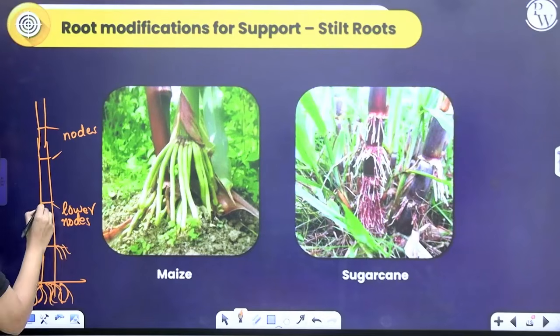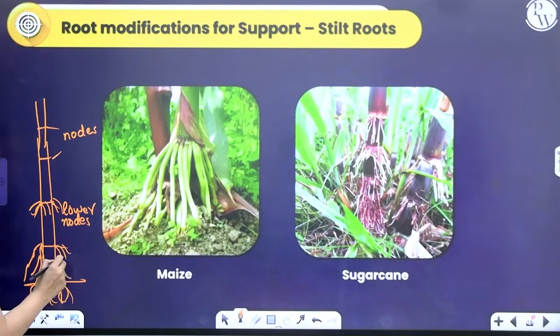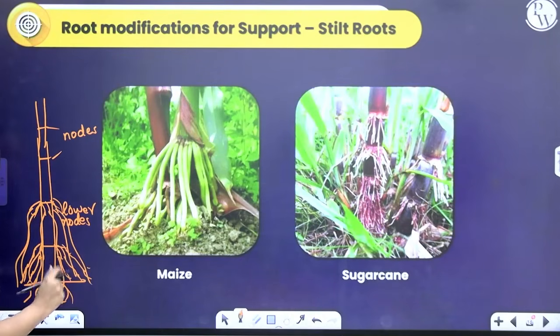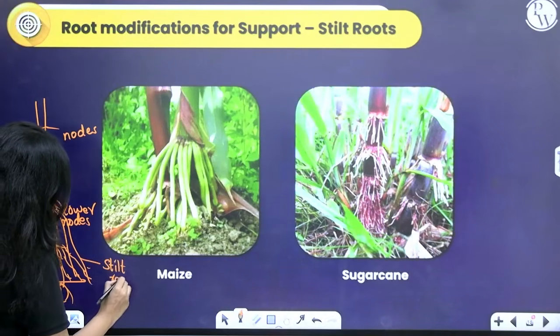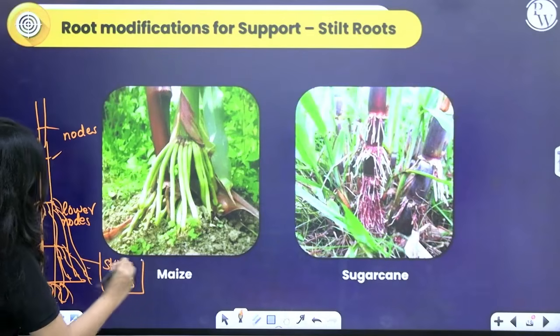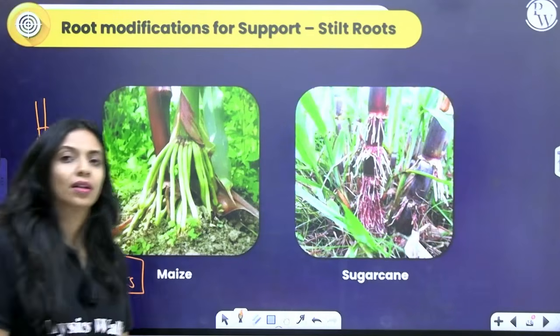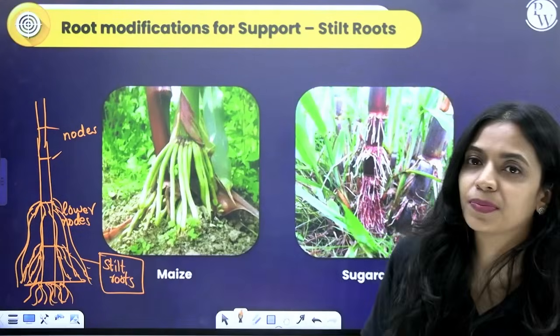Again, these are adventitious roots because they are arising from the stem and they have not developed from the radicle. They will start growing like this, and just like how in a tent you have different strings providing support, this will also grow and provide support for the stem. Such roots are called stilt roots. Prop root, banyan, stilt root, maize and sugarcane. They provide support.